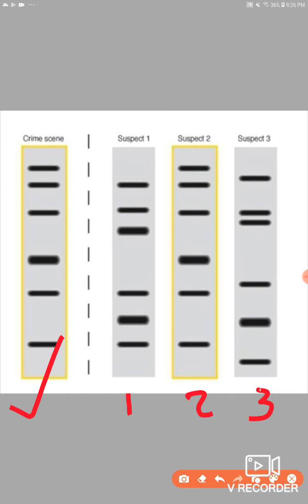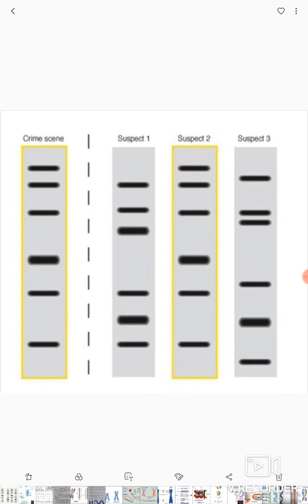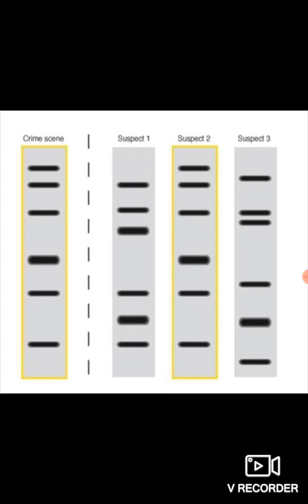From the figure you can understand. See who has the similarity with the crime scene. Obviously suspect two. So from this we can solve many kinds of maternity or paternity issues. It means we can tell whether a newborn baby or a person has these parents or not.